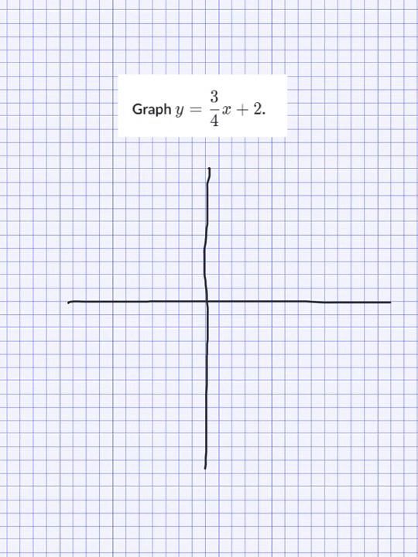The first step is we start with the y-intercept. The y-intercept is equal to 2. So I go to the y-axis, which is right here. That's the y-axis. And I'm going to plot a point at 0, 2, which is right there.